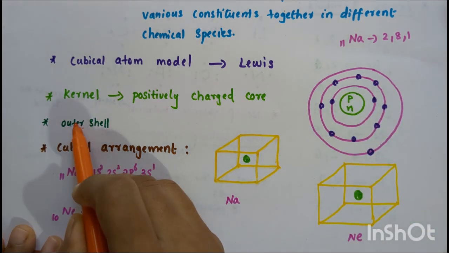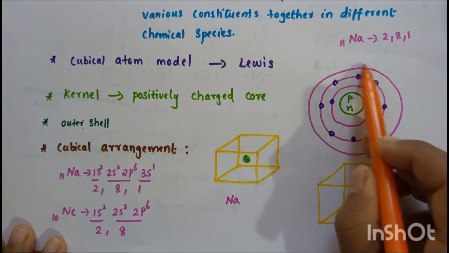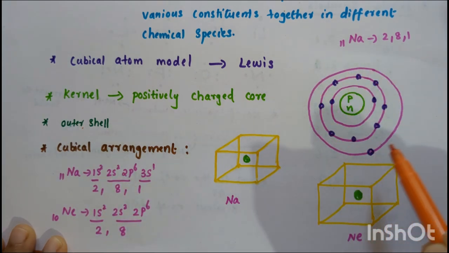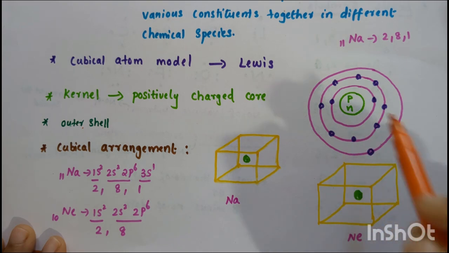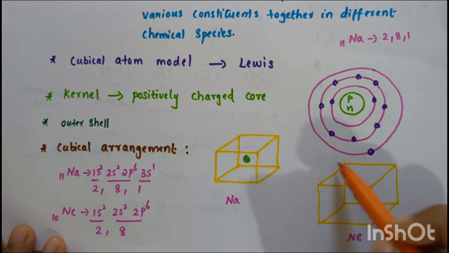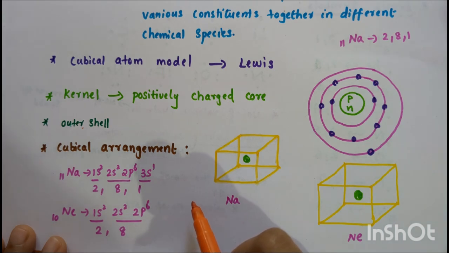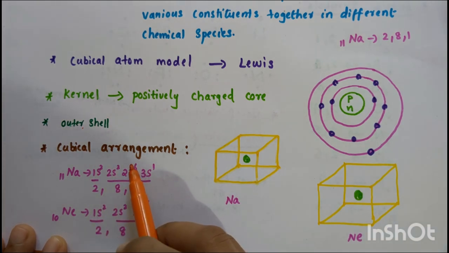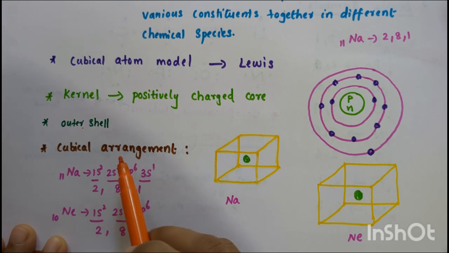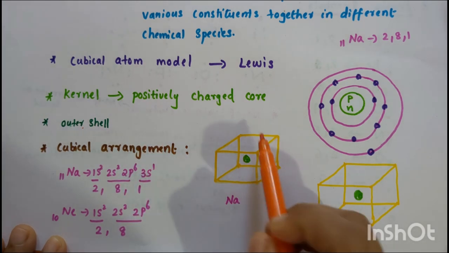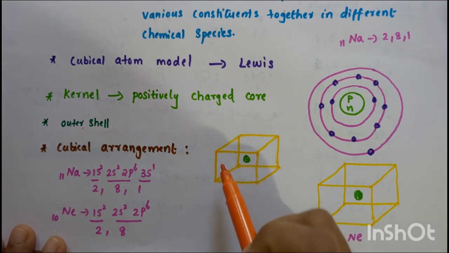The outer shell surrounds the kernel and could accommodate a maximum of 8 electrons. In the case of sodium, only 1 electron is there, but it can accommodate a maximum of 8. Now, coming to the cubical arrangement, Lewis assumed that the outer shell electrons occupy the corners of a cube surrounding the kernel.